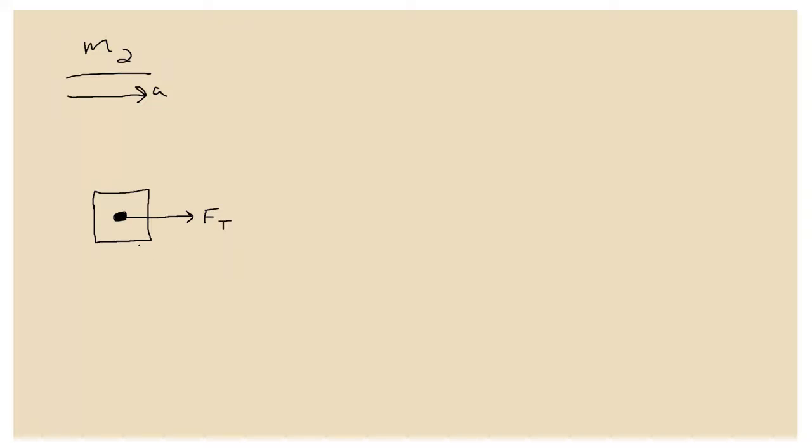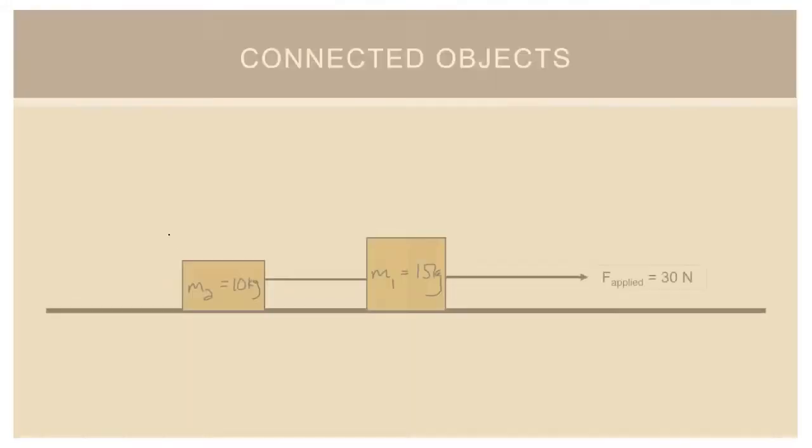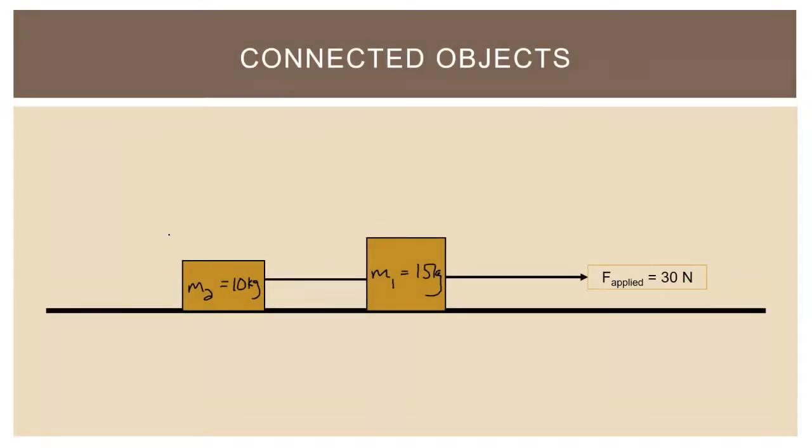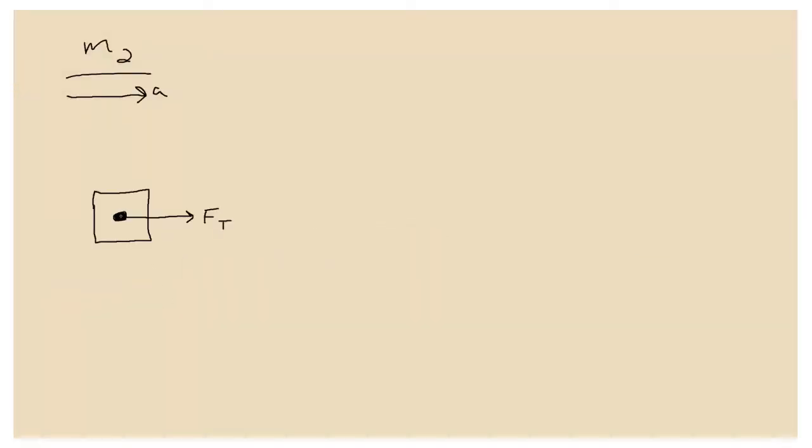And of course, because this object is shown to be sitting on some surface, it has a weight acting straight down. Obviously, that's because it's on the surface of the Earth. And because it is on a table or the ground, it has a normal force, which is equal and opposite to that weight. It's because it's on a flat horizontal surface, and so we'll label that F with the subscript N. And there's our free body diagram for M2.